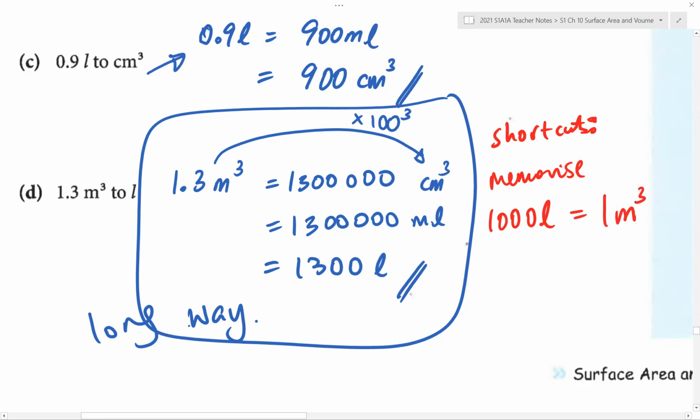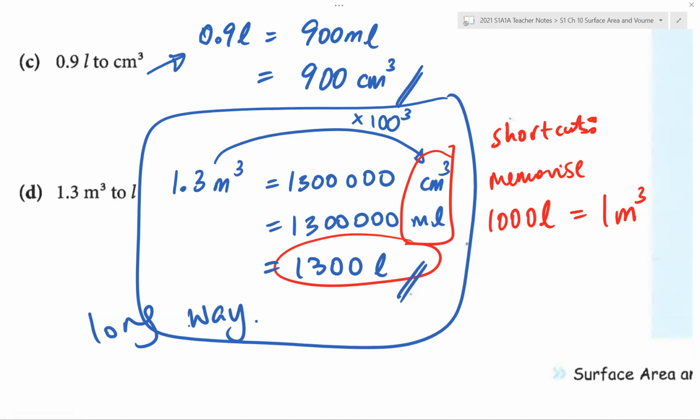If you're not good at memorizing and want to do it logically, I can do it in blue color. That's what we have learned. You only need to memorize one thing, which is 1 cubic centimeter equals 1 ml, and you have already learned that in primary school. You also learned that 1,000 ml is actually one liter. So the knowledge in secondary school is only this, times 100 cube. Everything else is primary school knowledge.